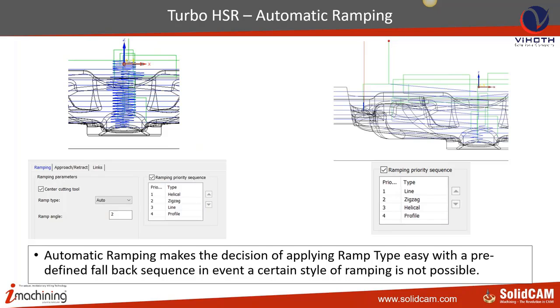So it will check each slice and apply a proper ramping that is possible with the geometry and the space that is available to it, and it will apply the ramping accordingly. So you can see that in some places it is using helical ramp, in some places it is just using a line ramping method. So you can provide the sequence, you can provide the priority.